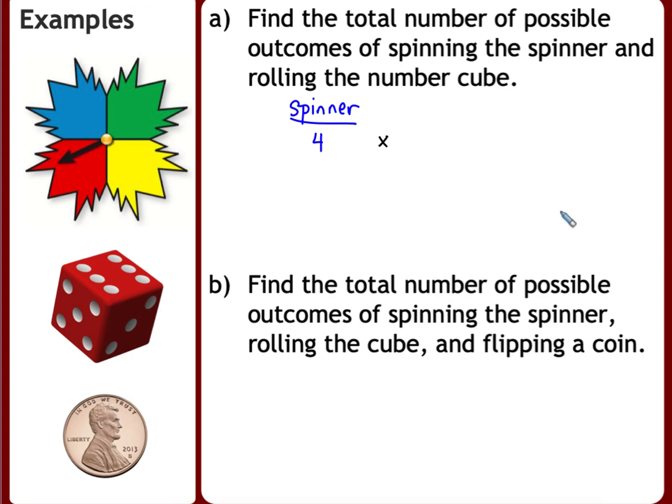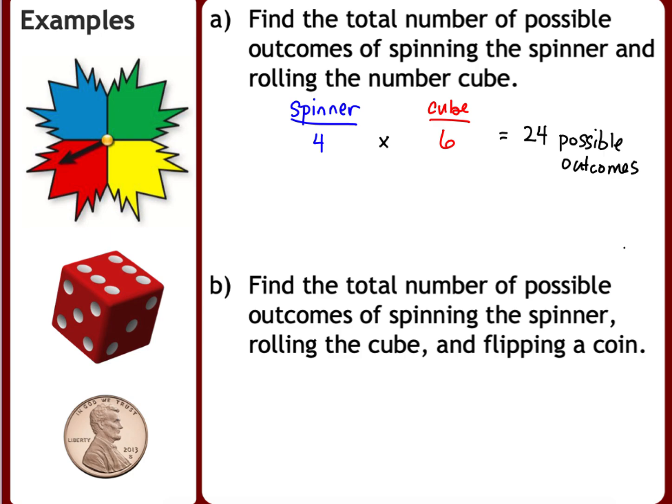There are 6 possible outcomes for the cube. So if we multiply those together, we get 24 possible outcomes for the compound event. Okay, so if we built a tree or a table, we'd end up with 24 different possibilities.